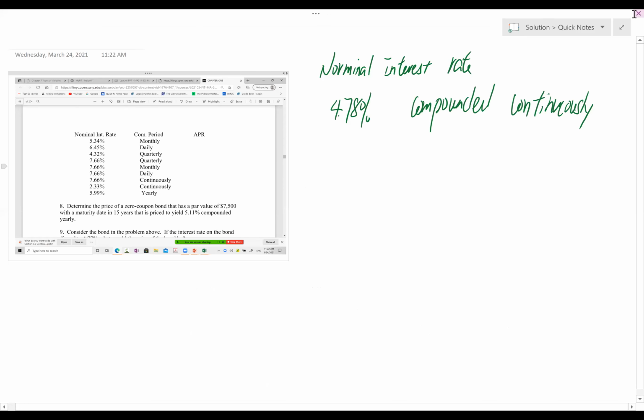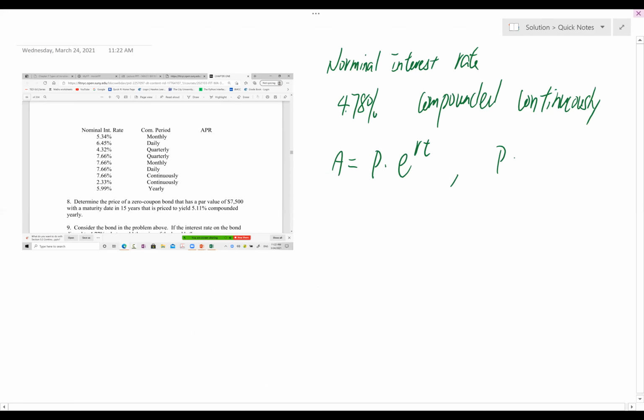So first of all, the continuous compounding formula is balance equals principal times e to the RT. And here, we're assuming principal is 1. It's always 1. So that would make it e to the RT, basically.